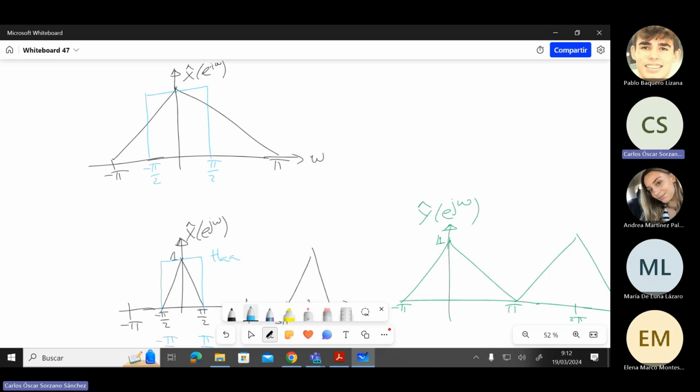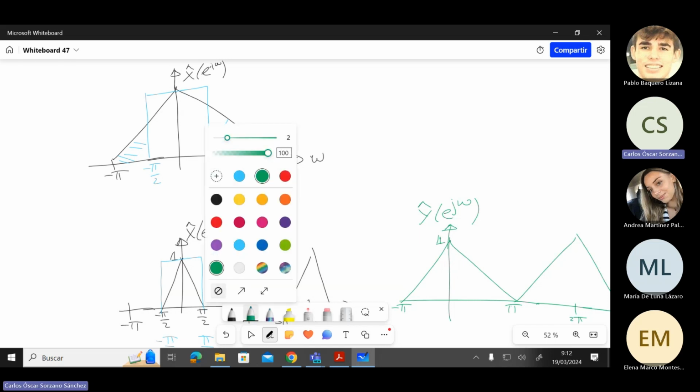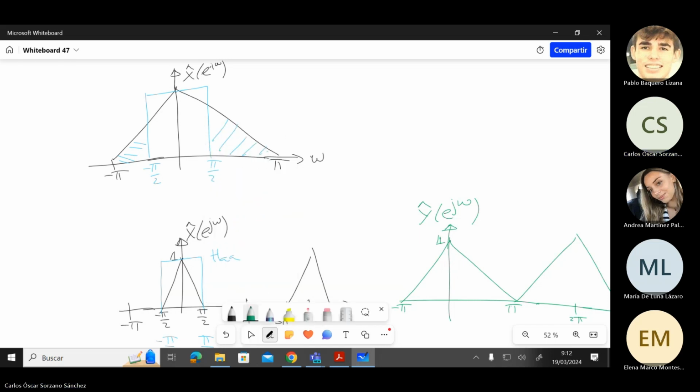Then you apply the anti-aliasing filter, so these parts will be removed. And then you do the decimation. When you do the decimation, the spectrum will be like this.